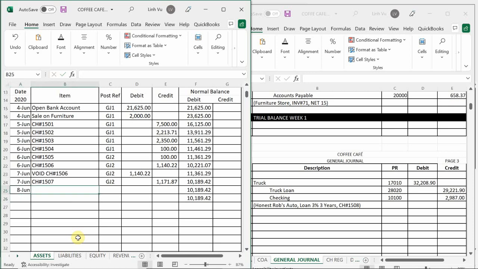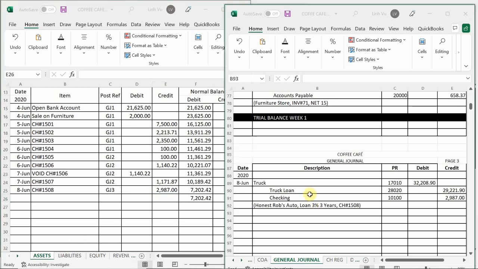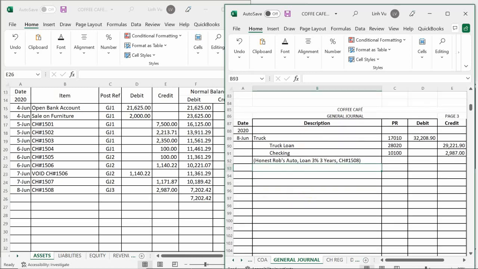You wrote check number 1508, on the third journal, $2,987. So now you just decreased your bank account from $10,000 down to $7,000. So already right here, we're slowly decreasing and spending all of our money.